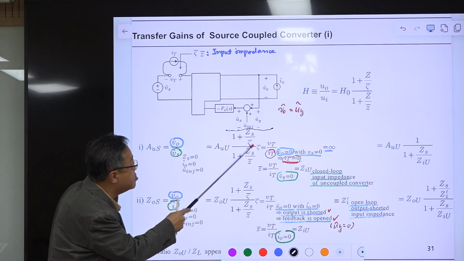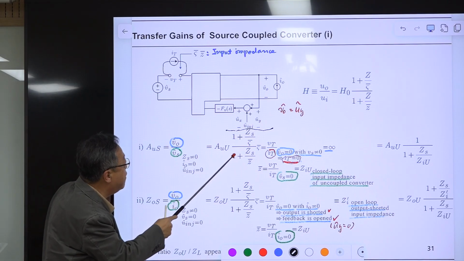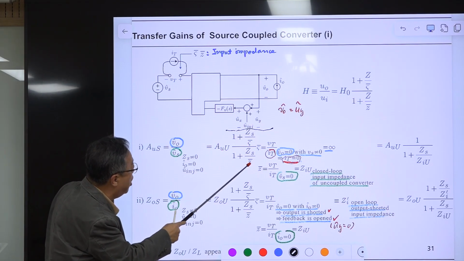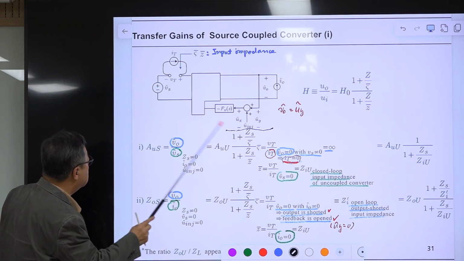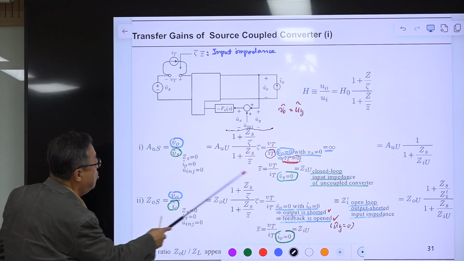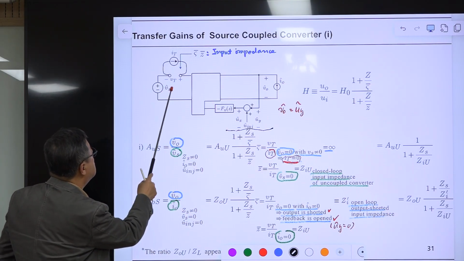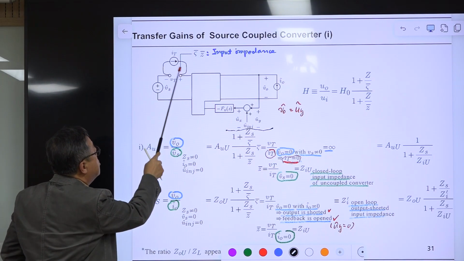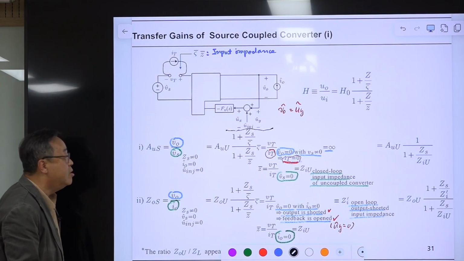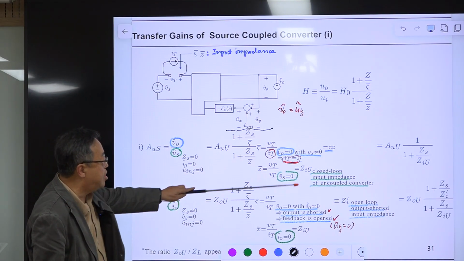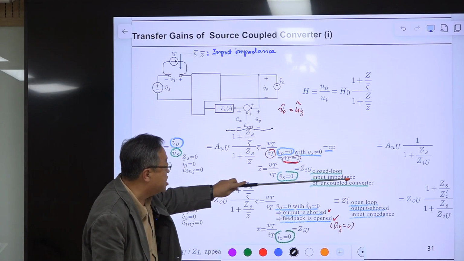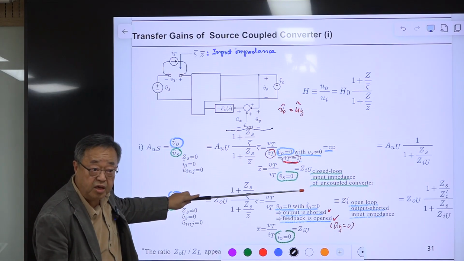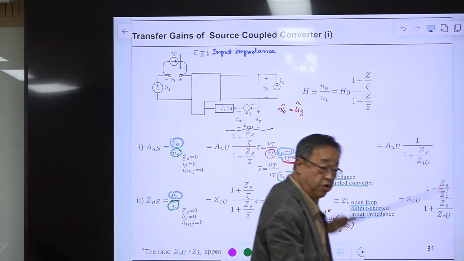Because this becomes infinity, you have this and this one. And the G bar is when you are evaluating the regular driving point impedance, then the input Vs is 0. That is just the regular closed loop input impedance of the uncoupled converter, GIU. So this is the first equation.